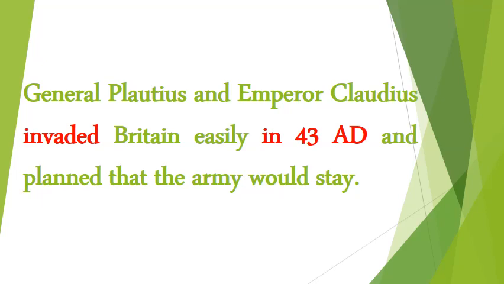General Plautius and Emperor Claudius invaded Britain easily in the year 43 AD and planned that the army would stay. General Plautius was the army leader, while Claudius was the emperor, the ruler of the Roman Empire at that time.